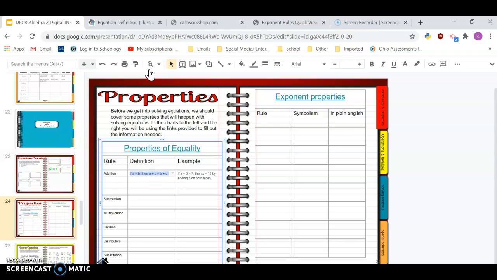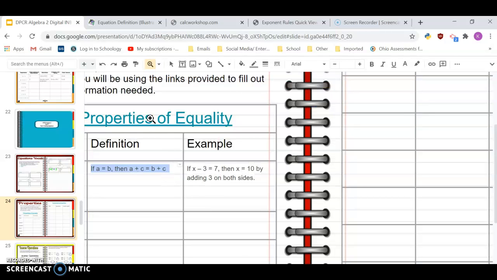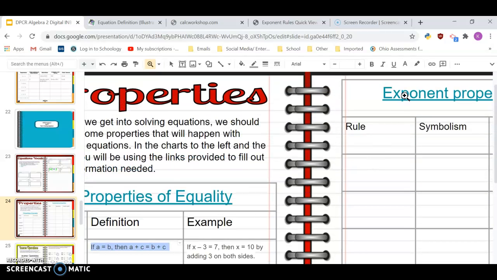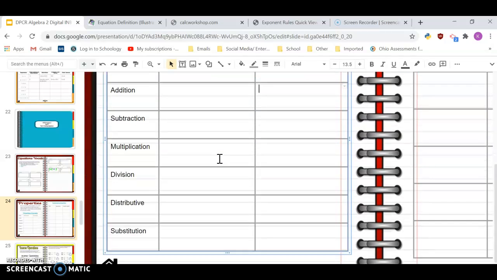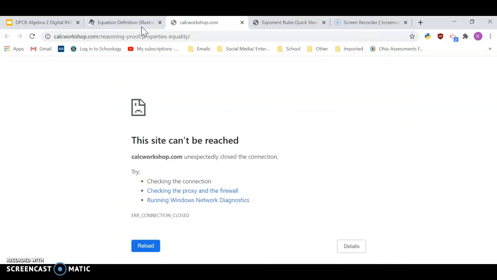If you notice right here, we are going to be having a link here and a link here to fill out our information. Now, let me show you where we're getting this information from. So, when we click the link at the top of this chart, this will open up to this website here.